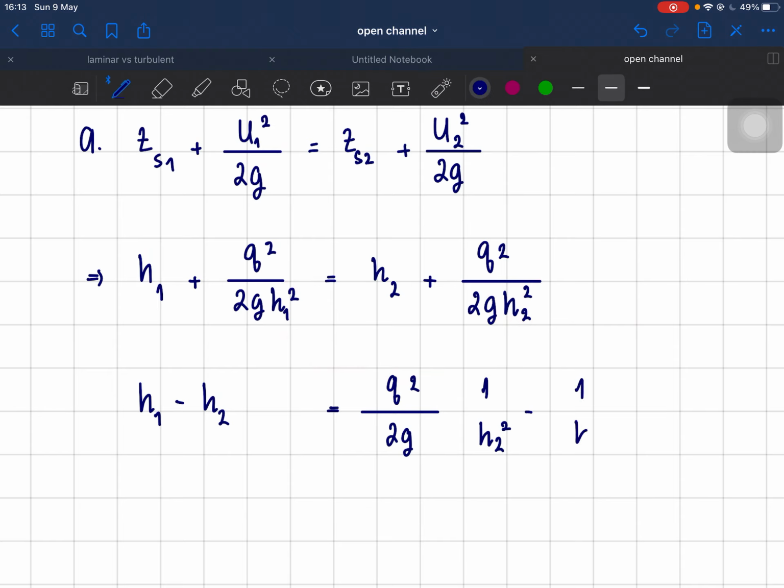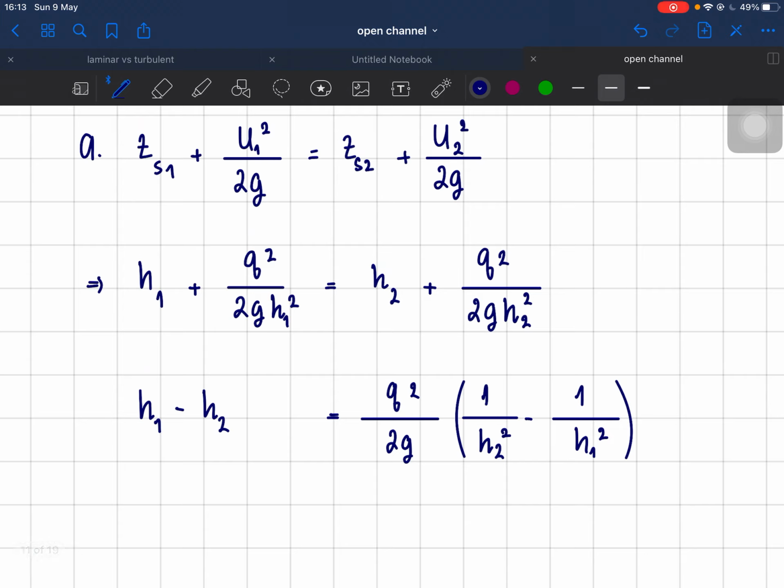Okay, then we can continue substituting all the values that we have.